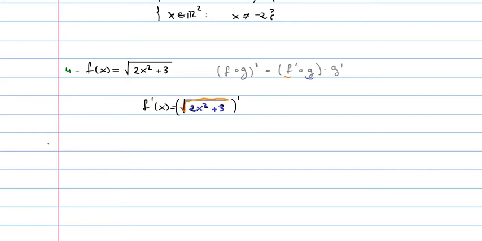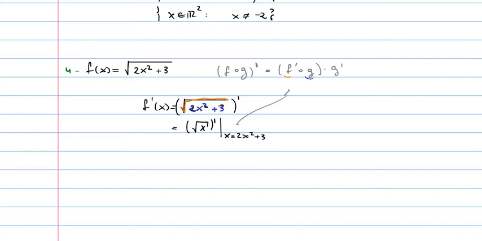So when we differentiate this, we have to get the derivative of the square root of x, evaluate it, I'm using this notation to not have two parentheses that might be confusing, in x equal to g, and g is 2x squared plus 3.